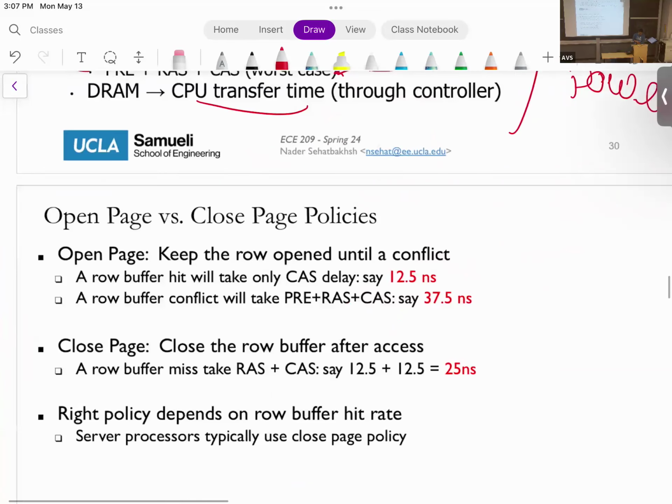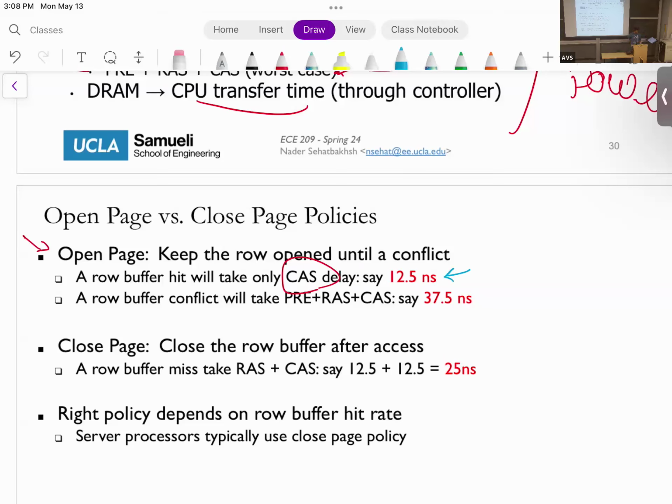So let me give you some numbers to see the difference between open and closed page policies. For example, if you have an open policy, we keep the row open until we see a conflict. If you have a row buffer hit, we usually have just the CAS delay, which is typically around 10 nanoseconds, 12.5 nanoseconds.